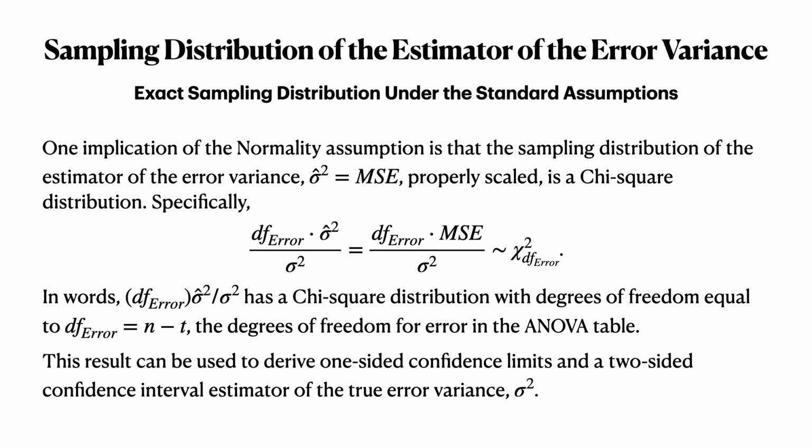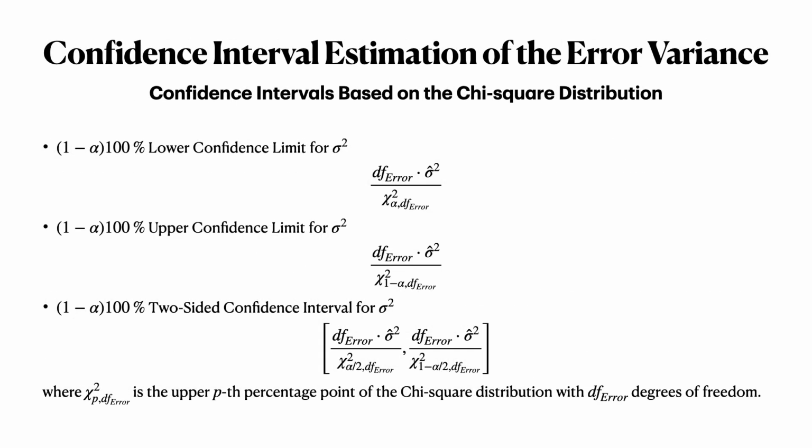This result can be used, just as we used it in a first statistical methods class, to derive one-sided confidence limits and a two-sided confidence interval estimator of the true error variance sigma squared. And so here are formulas that give us individual confidence limits for sigma squared, as well as a two-sided confidence interval for sigma squared.